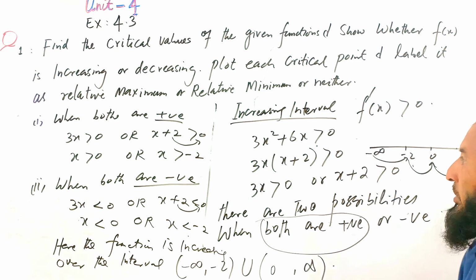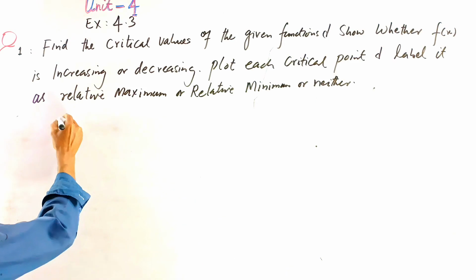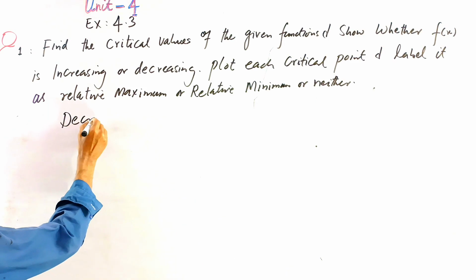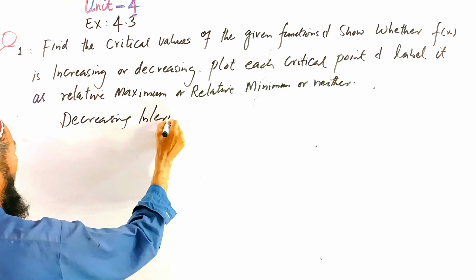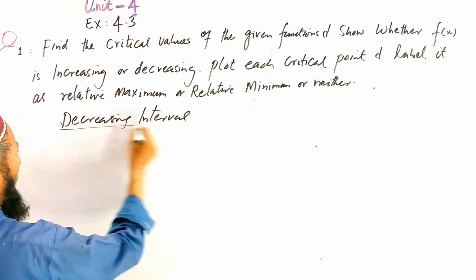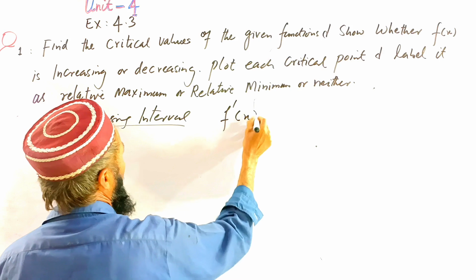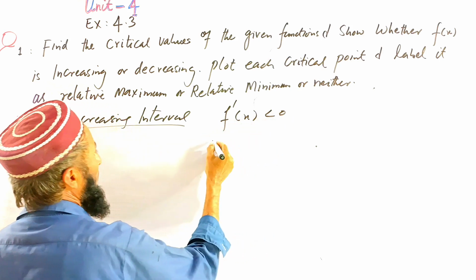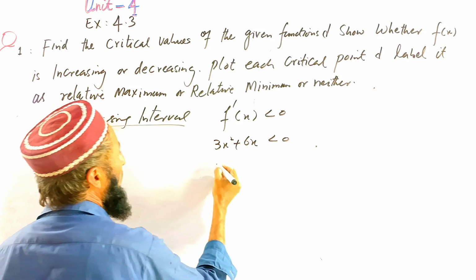Now the situation if we are applying the decreasing interval. For the decreasing interval, f dash x is less than 0. Here 3x square plus 6x is less than 0.